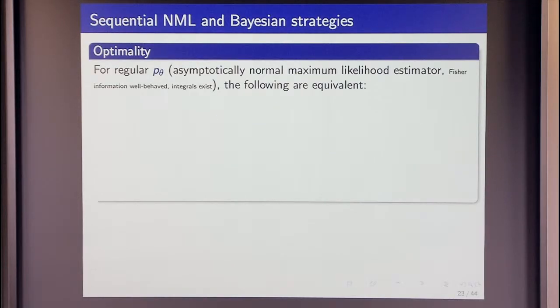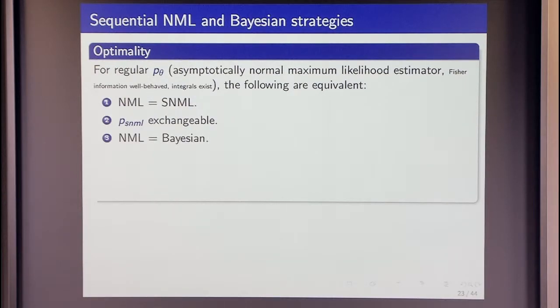Okay, so here's the main theorem, and I'm sweeping some conditions under the rug here, but in the case where the maximum likelihood estimator has an asymptotic normality property, then you have equivalence of all of the following statements. So the first two we saw earlier, right, that ignoring the horizon leaves you with an optimal strategy precisely when this sequential NML is an exchangeable stochastic process.